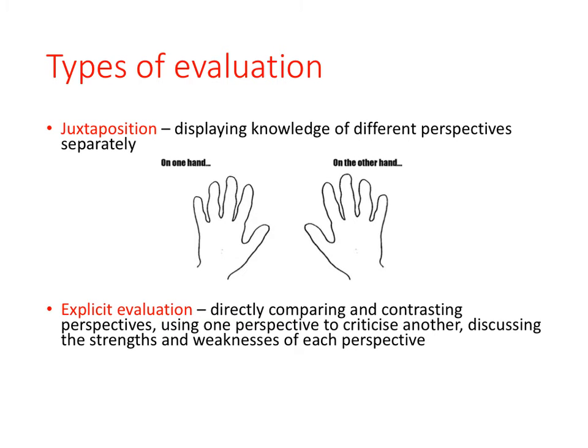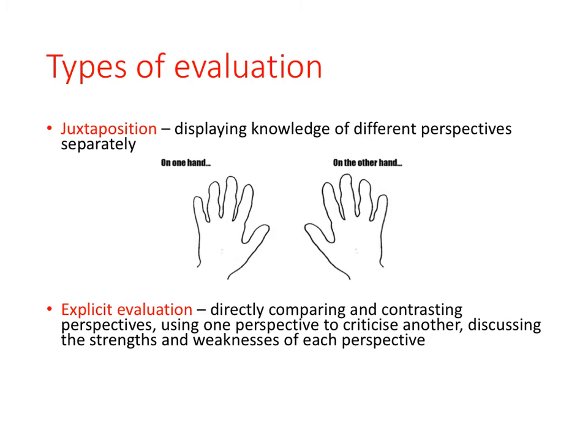Now, the problem with doing that is that what you're implying is that all arguments, all perspectives, have equal weight. You are not actually evaluating which particular argument seems to be the best one in terms of evidence and in terms of its logic.